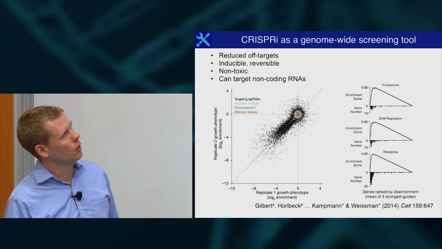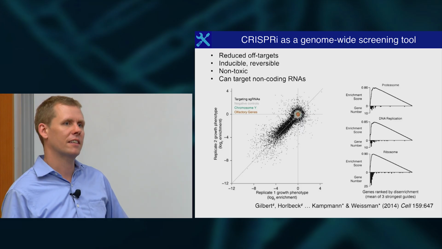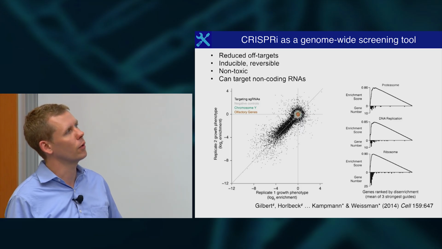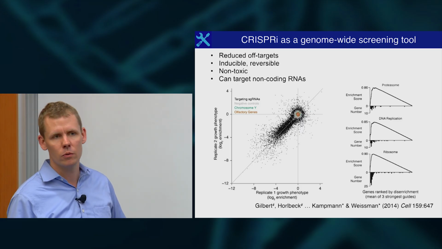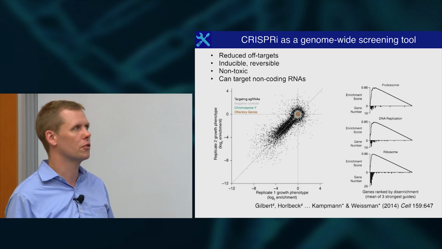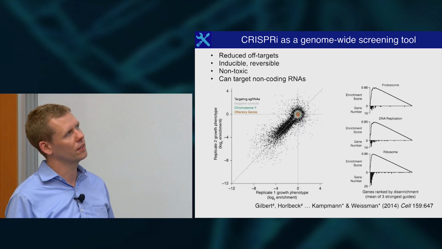But you can basically see that the vast majority of these components cluster very close to the maximum phenotype you can get. So we get a pretty good coverage. And for some of these ribosomal genes that don't seem to fall into that pattern, that don't seem to have such a strong phenotype, it turns out those were typically the ones that had a closely related homolog as well expressed. So potentially there was some redundancy.